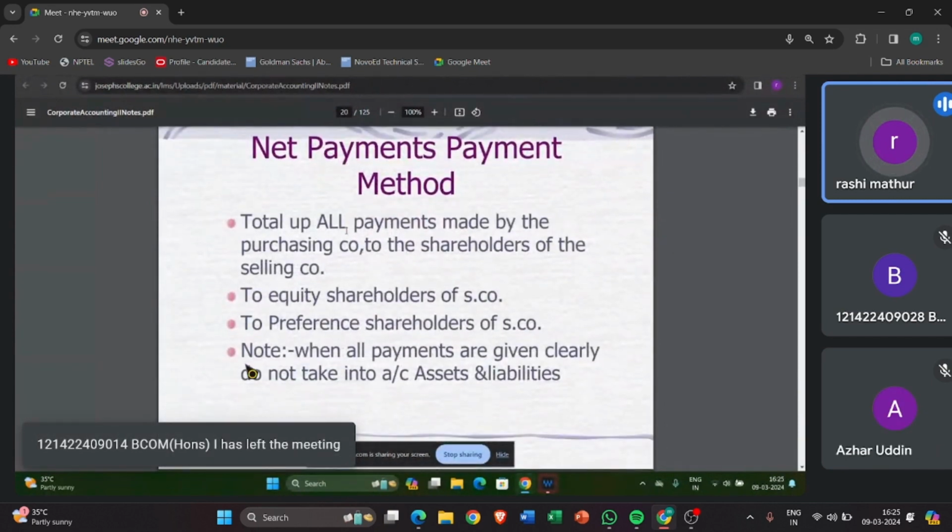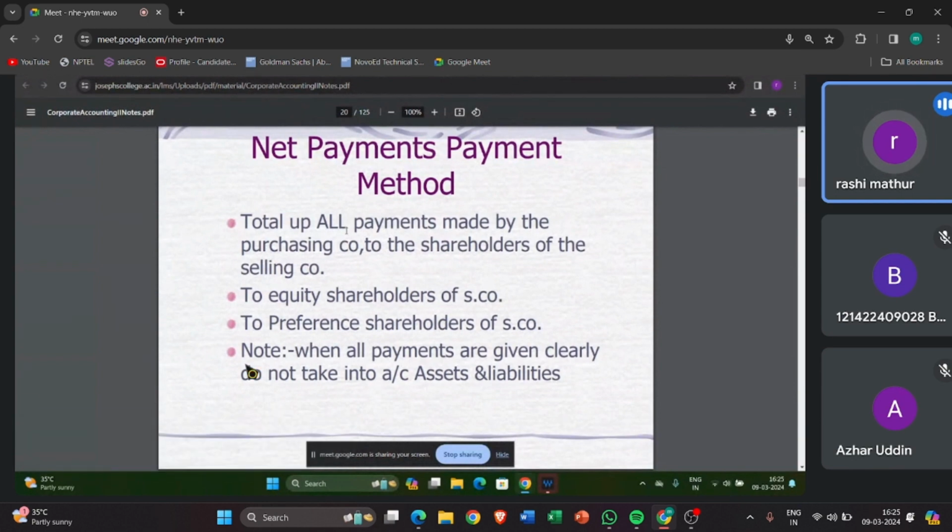The third method is the net payments method. It is nothing but a total or an aggregate of all the payments which are made by the purchasing company to the selling company. Total up all the payments which are made by the transferee company to the shareholders of the transferor company.